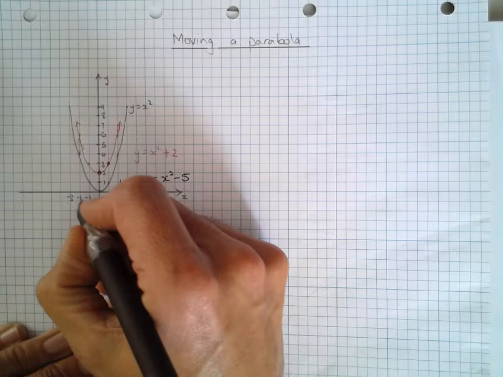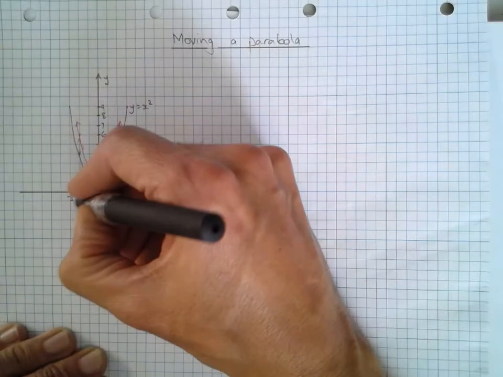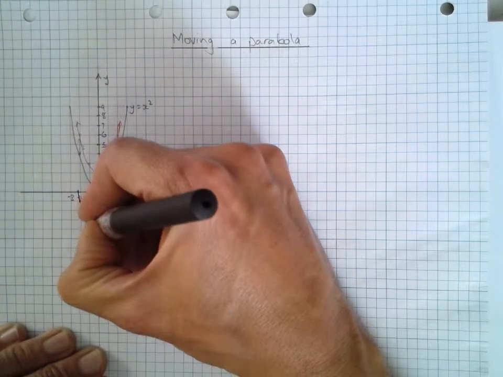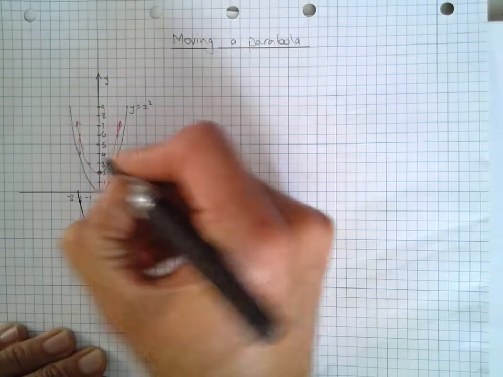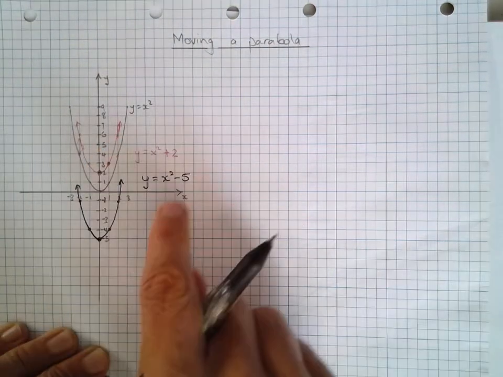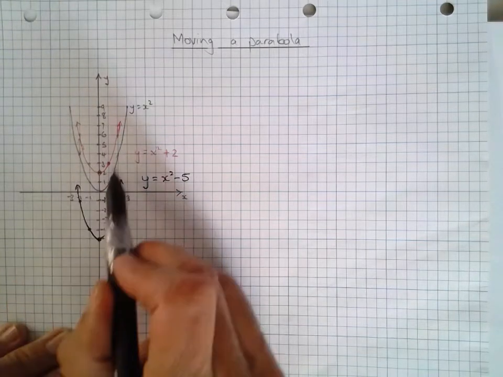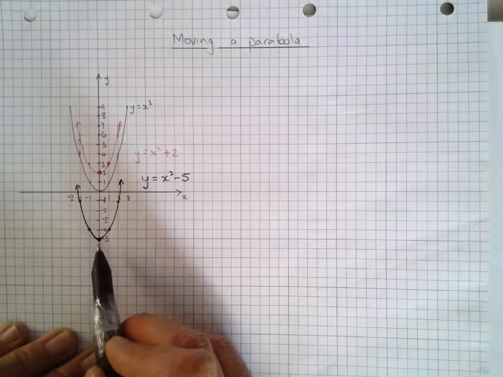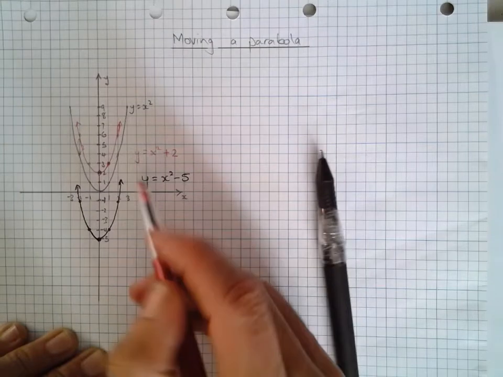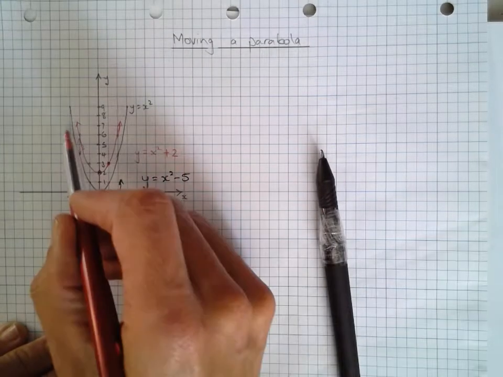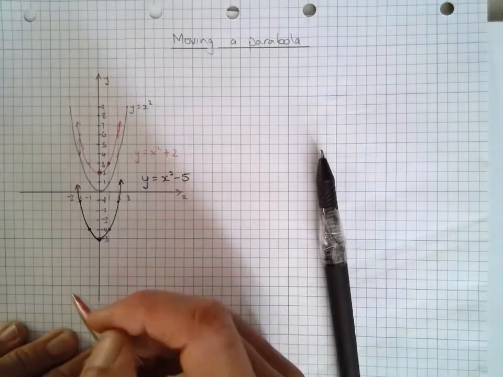Similarly, on the other side, we're going to get that beautiful symmetry which goes with our parabola. And there in black is y equals x squared minus 5. It's my original pencil parabola in grey, moved down by 5. X squared plus 2 is my original pencil parabola, moved up by 2.